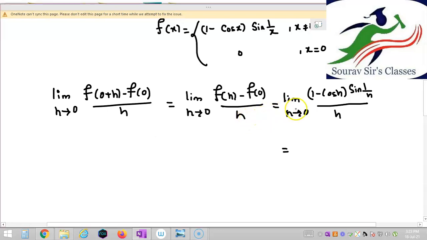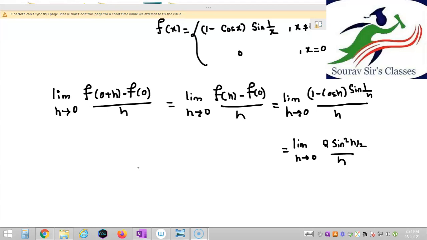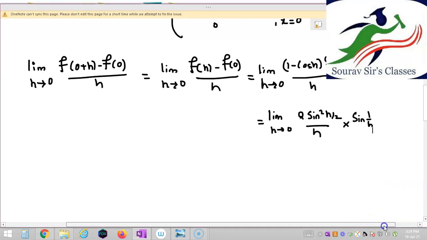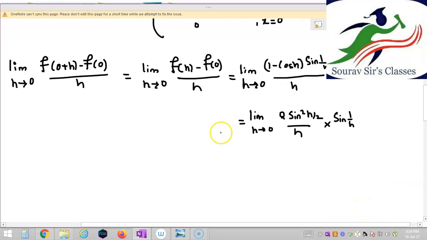For this, I am going to write the limit as h tends to 0. 1 minus cos h, I can write as 2 sin squared(h/2), divided by h, into sin(1/h), right?